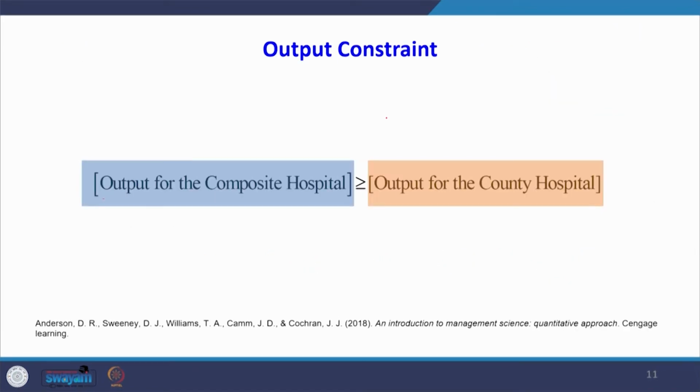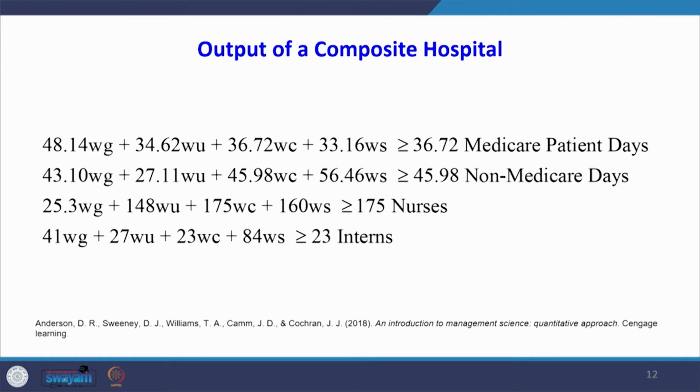What we are assuming is that the output of the composite hospital is greater, because the composite hospital is more efficient, than the output for the county hospital. So, I have written 4 outputs for the composite hospital: 1, 2, 3, 4. Most important here is that this is greater than or equal to.